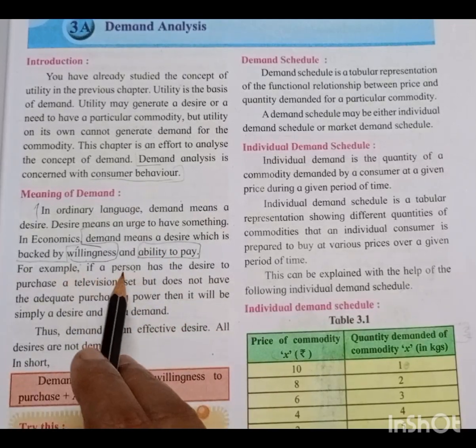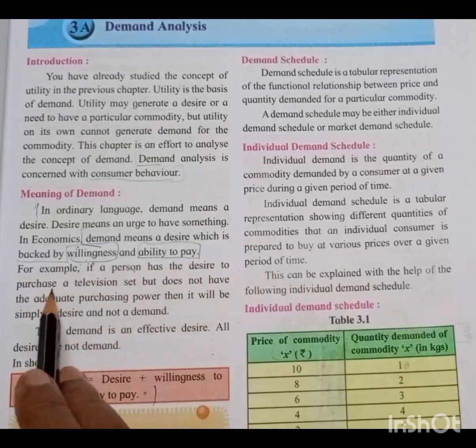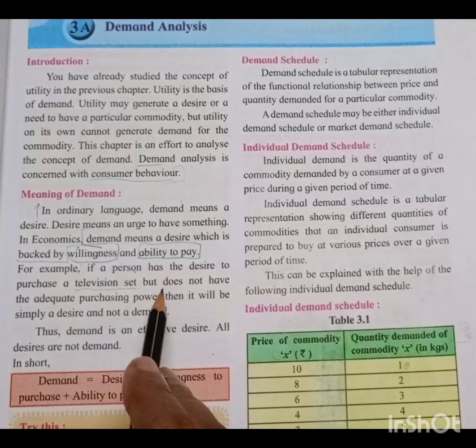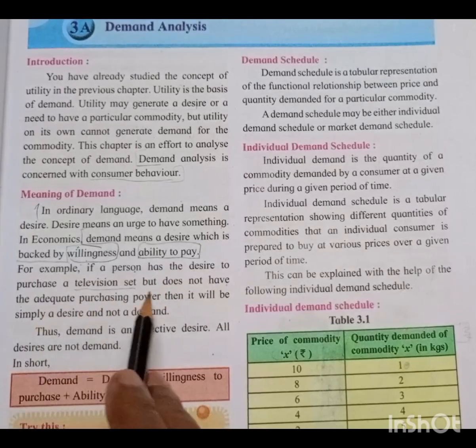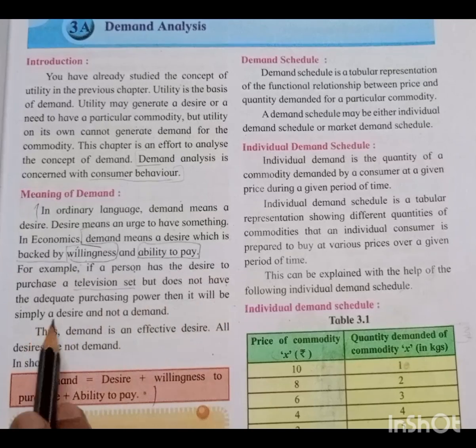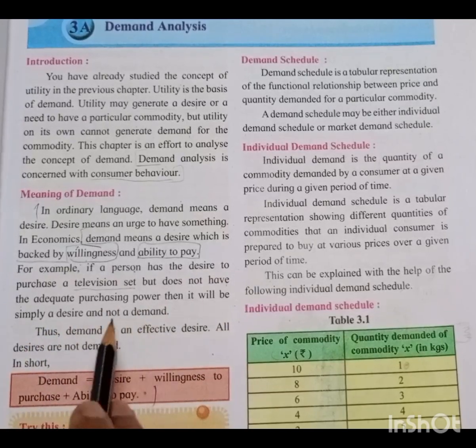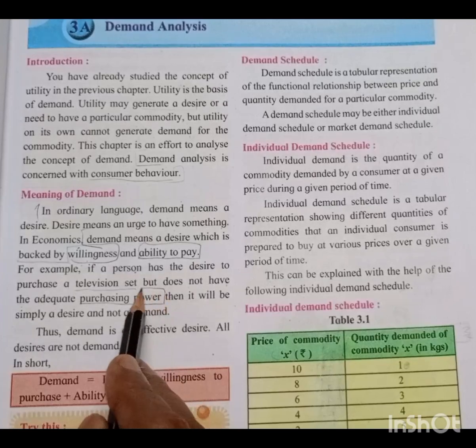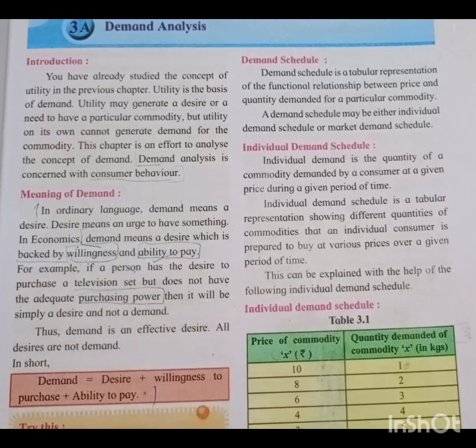For example, if a person has the desire to purchase a television set, but does not have the adequate purchasing power, then it will be simply a desire and not a demand. उसके पास परचेजिंग पावर नहीं है, यानी उसके पास ability to pay नहीं है. इसलिए उसकी डिमांड economics में demand नहीं कहला सकती. It can only be a desire.